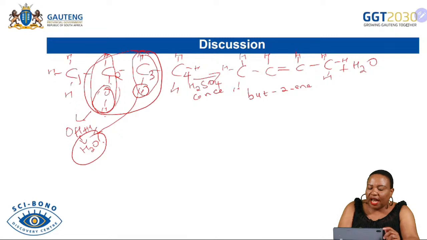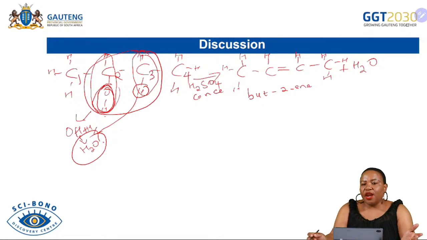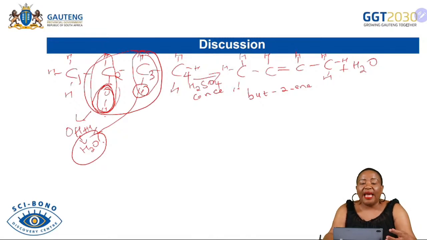Then in terms of dehydrohalogenation, instead of OH here, there will be a chlorine, and the same procedure is used in removing the halogen and the hydrogen. Also remember that the conditions for dehydrohalogenation need a strong, concentrated base and heat.